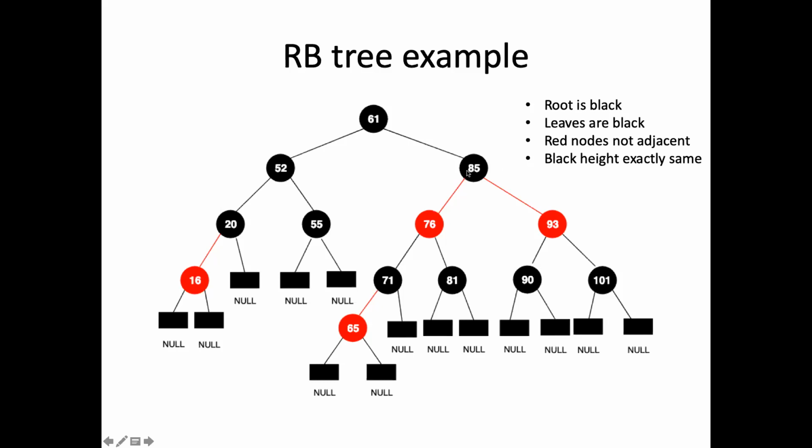Is it 10? No. Let me count. 8, sorry. So it's going to be 8, right? So this guy here will be 2. So 2, here it's 1, 1, 1. Then here it'll be 3. Here it'll be 4.